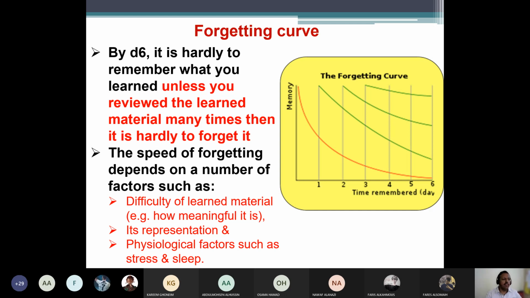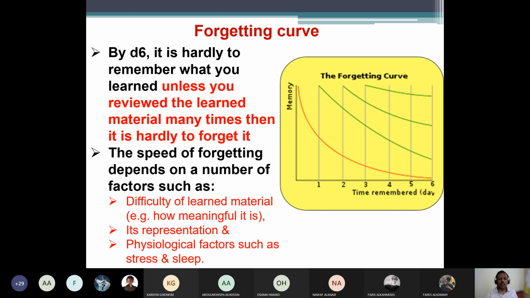What makes the thing forget easily? Which things get forgotten easily? If you learn very difficult material. If the material is difficult, if the lecture is difficult, it is easily forgotten because you are not interested actually. Or if it is not taught to you properly, proper presentation is not there, the slides are not good, the pictures are not easy to understand, the font was not good, or maybe the paper of the book was not good, like that.